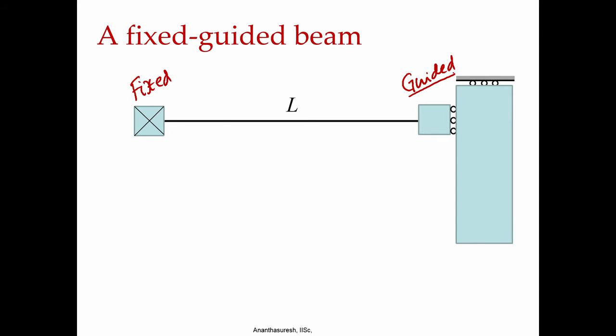As you can see in this model, this point can move in this direction because we have shown that roller over here, and because of this roller over here, it can also move in this direction, but it cannot rotate because it has to be in contact with this, the way it is shown here. But in reality, there are a lot of conditions where you can realize this guided condition. So, when you have a fixed guided beam, how do you come up with an equivalent pseudo rigid body model?